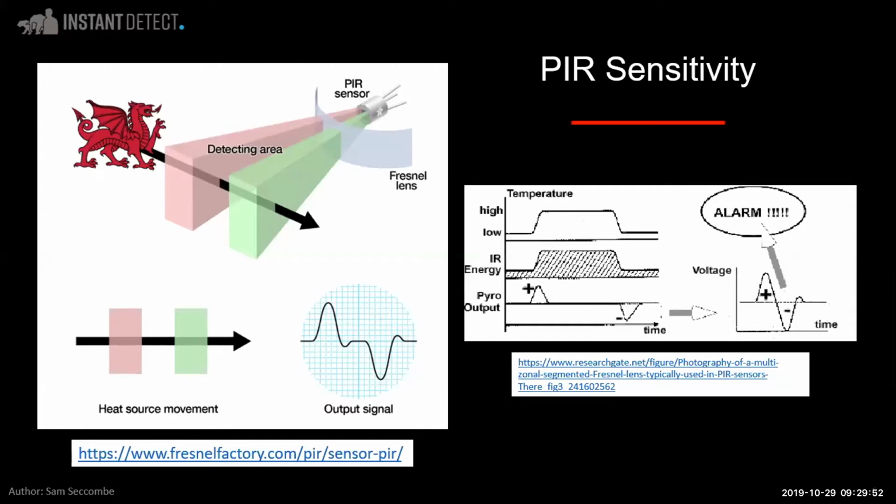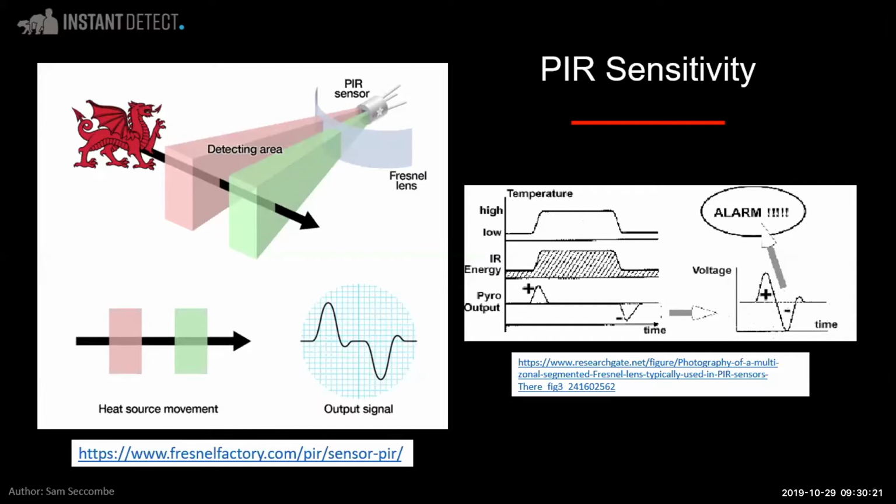And then when a change in temperature is measured at one of these inputs, a voltage spike is outputted. And this therefore means that if the temperature changes in front of the whole sensor, then both the positive and the negative voltage spike at the same time, and these cancel each other out and you don't get a detection. But if they spike sequentially, you do get a detection. And this effectively makes the sensor a motion trigger.